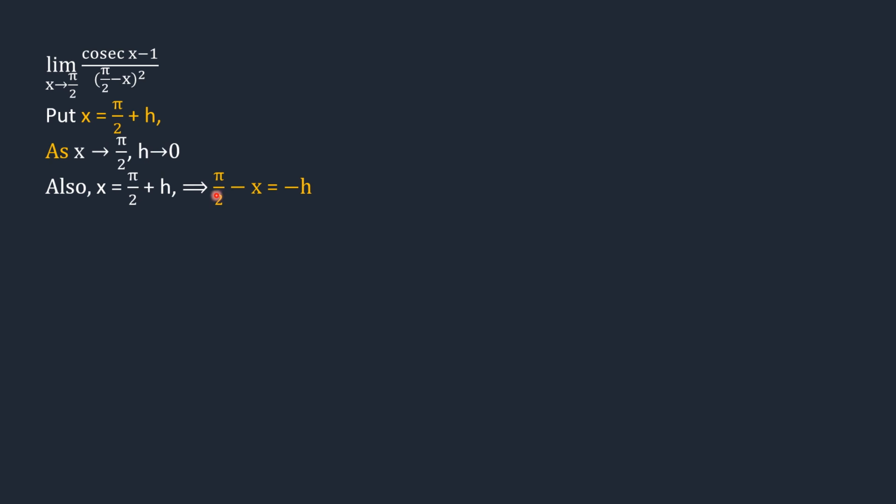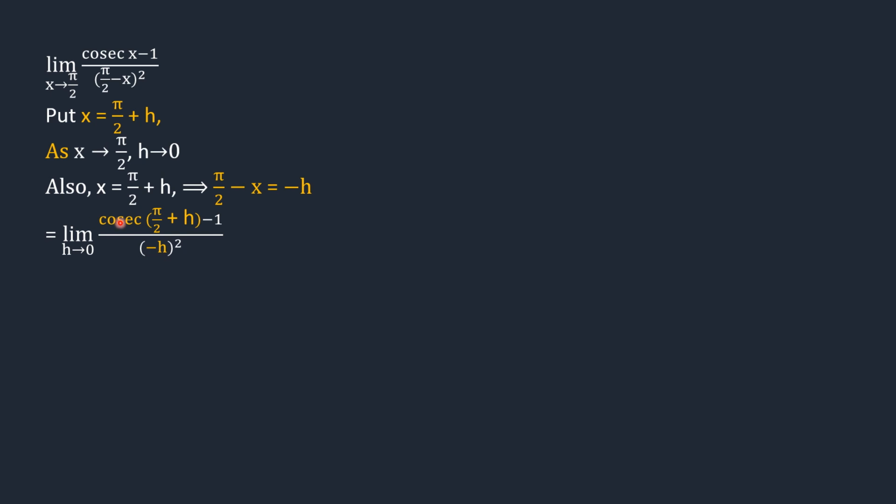So therefore we will have pi by 2 minus x equals minus h. Now we will use these two changes in the next step. See here, in place of x we have written pi by 2 plus h, and in place of pi by 2 minus x we have written minus h.